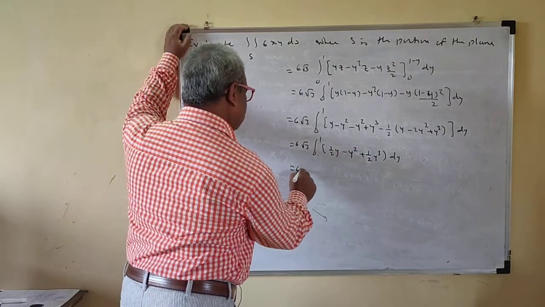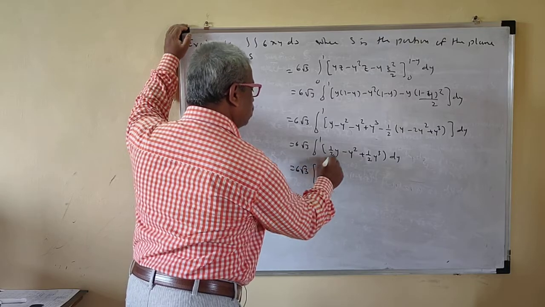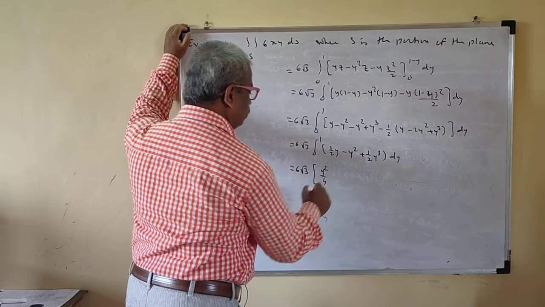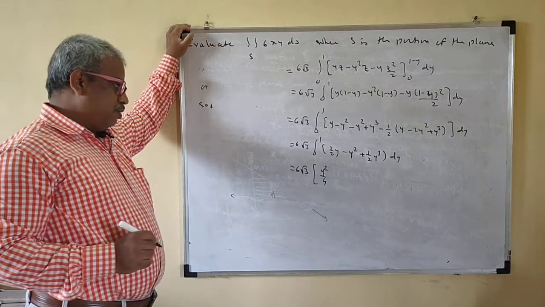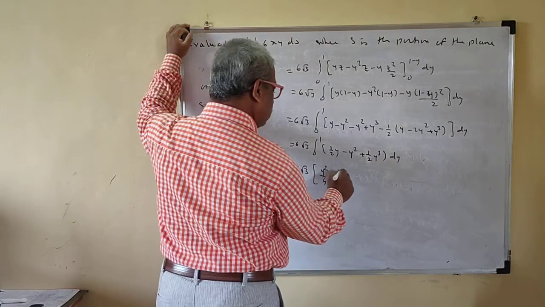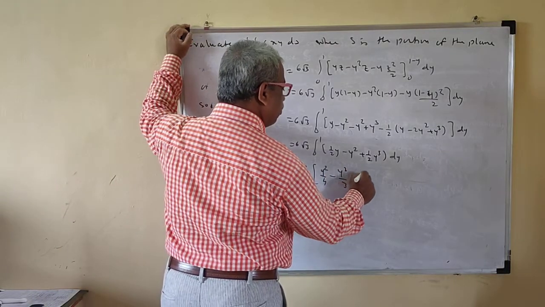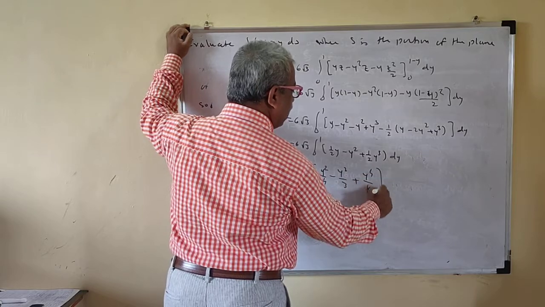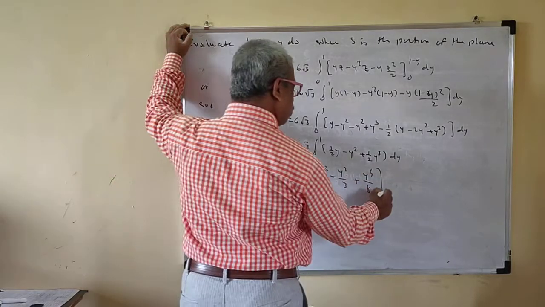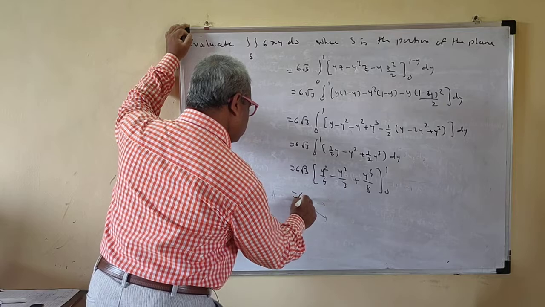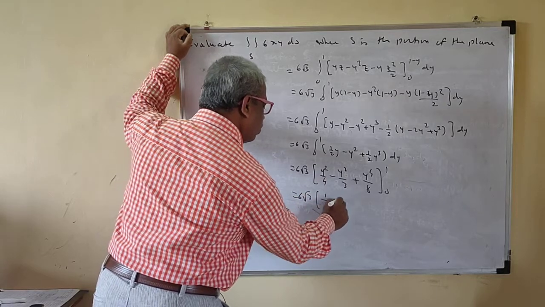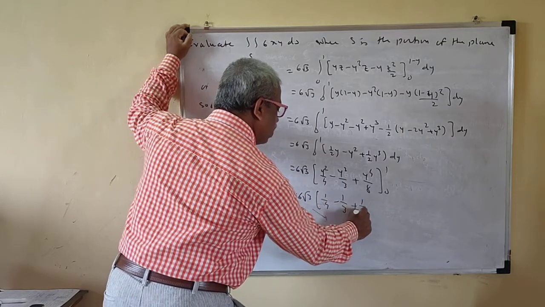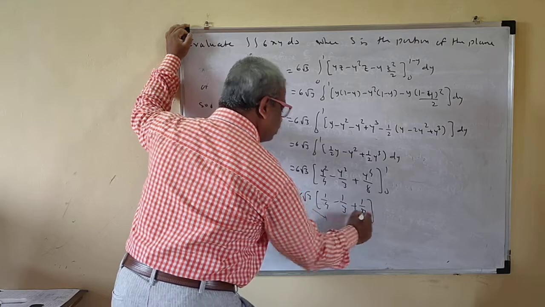This is 6 root 3 times y square by 4 minus y cube by 3 plus y raised to 4 upon 8, 0 to 1. So 6 root 3, 1 by 4 minus 1 by 3 plus 1 by 8.